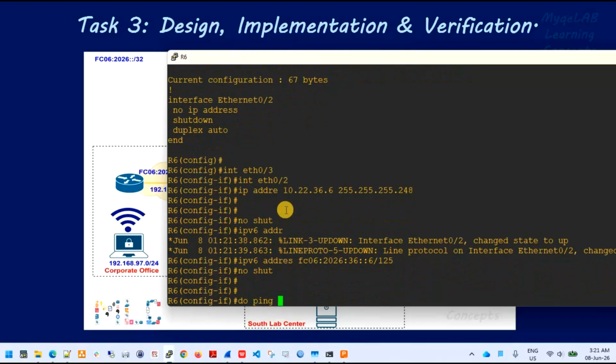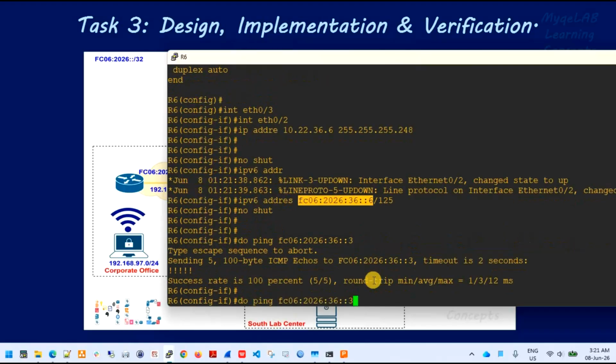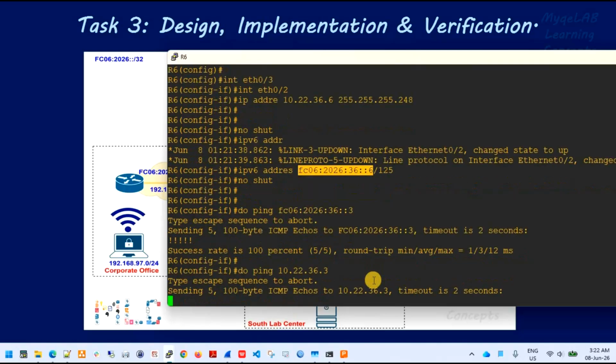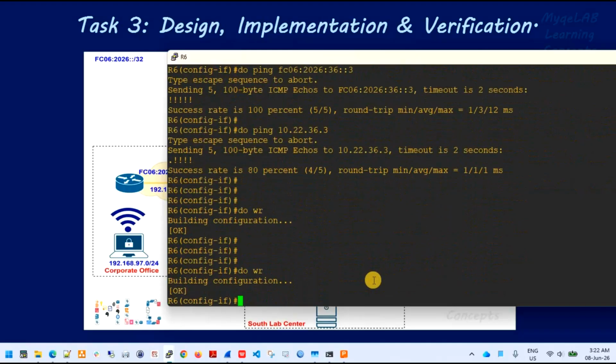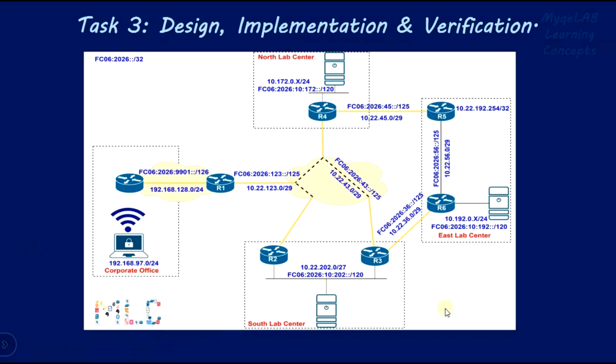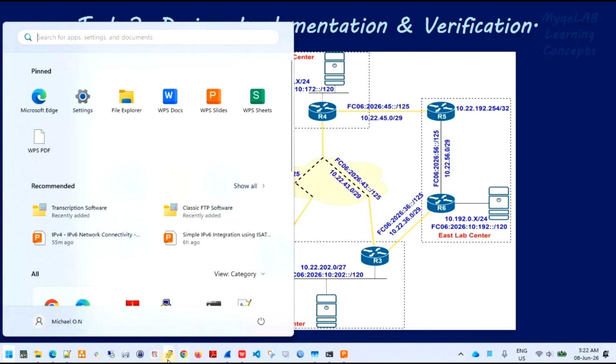Okay. Now we just do a quick check to make sure that we have everything. Okay, so that looks good so far. Then 10.22.36.3 is ARP and then it responds. Okay. Alright, so we have this part also ready, and now we have to check this part to be sure that we are good indeed.